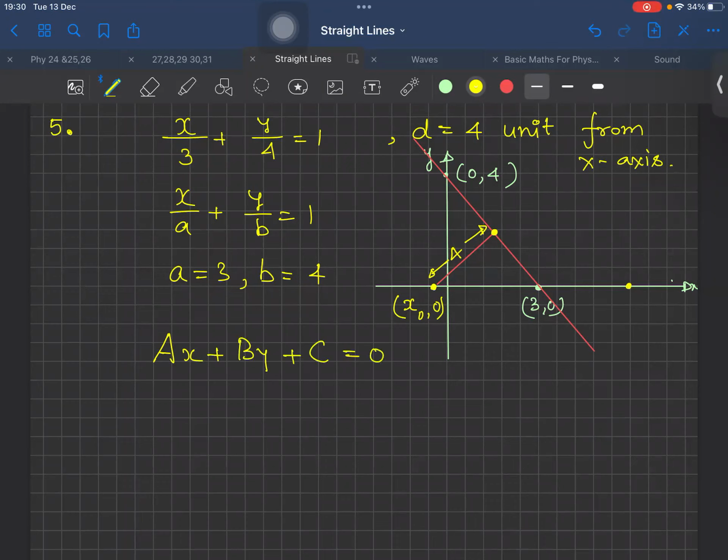Then from here you will get the values of a, b, c, and you already know that d is equal to modulus of a x1 plus b y1 plus c, divided by root of a square plus b square.